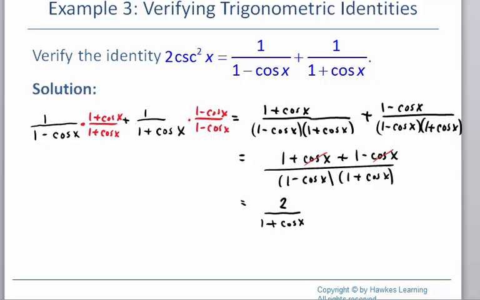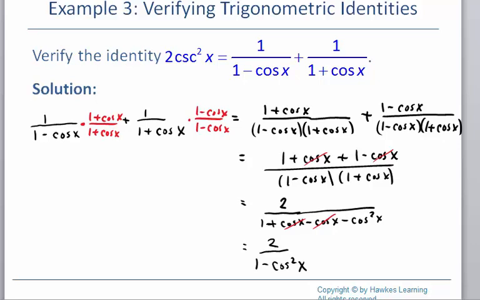The inside terms, negative cosine times 1. And the last two terms will be a negative cosine squared. Our middle terms again cancel, a positive cosine and a negative cosine. So I now have the 2 on the top, and 1 minus cosine squared on the bottom.